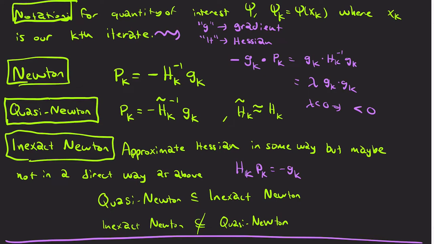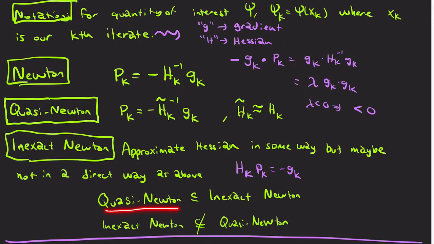An example of inexact Newton is, I have this expression for Hk, but rather than solving it exactly, I only approximately solve this problem. It's a small detail, but the main idea between inexact Newton and quasi-Newton is very similar.